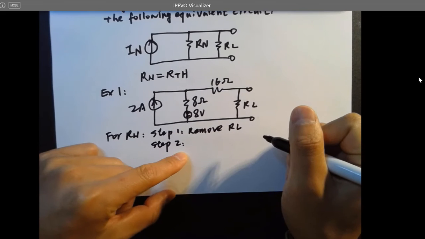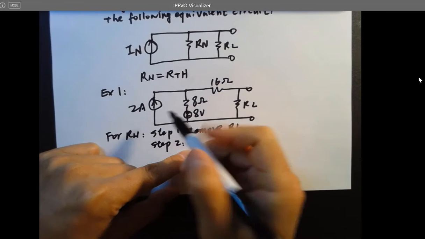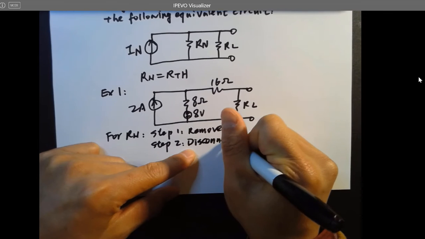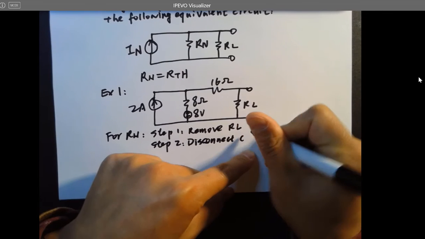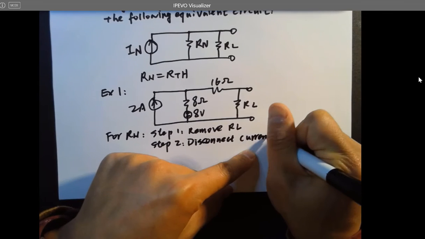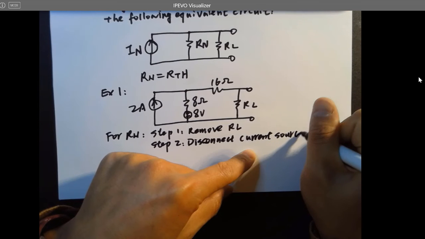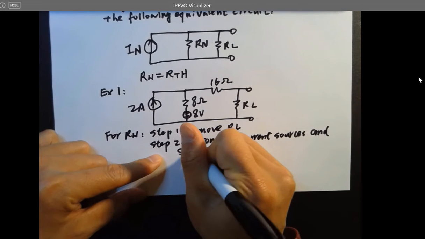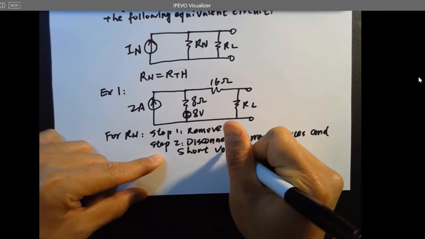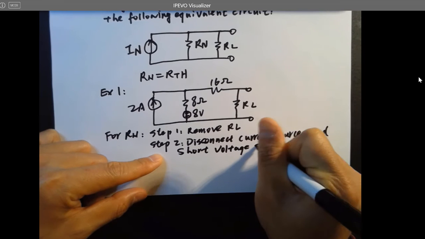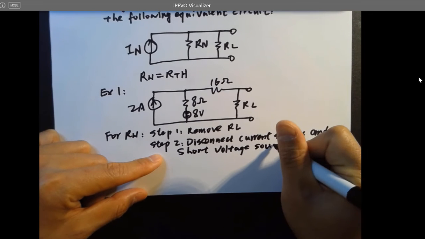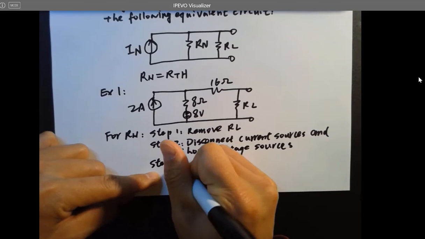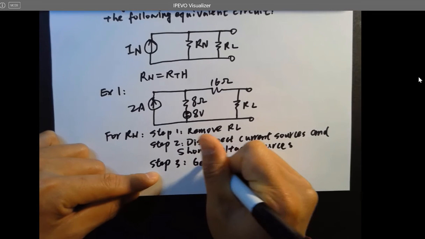Step 2, disconnect current sources and short voltage sources in the circuit. And step 3, calculate Rn.